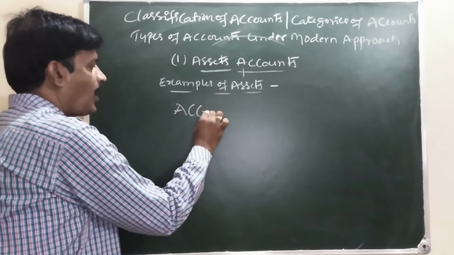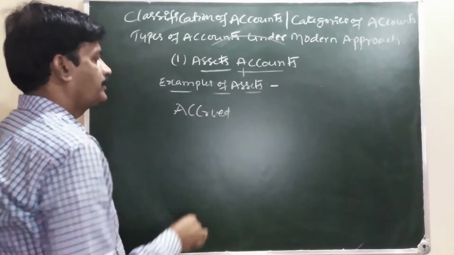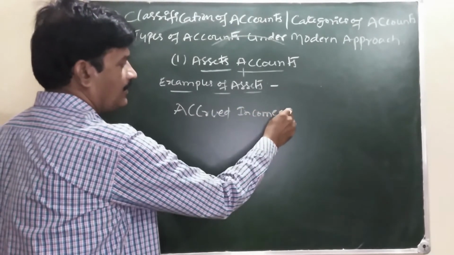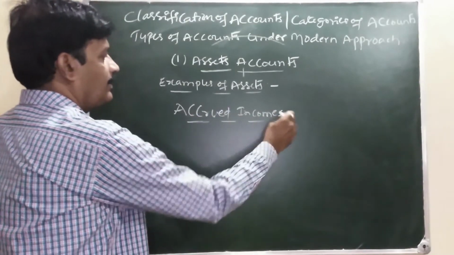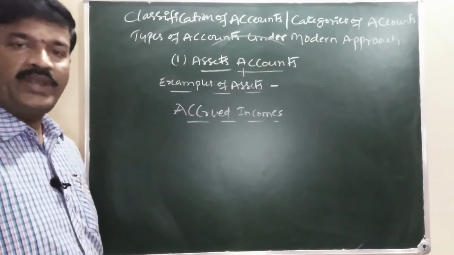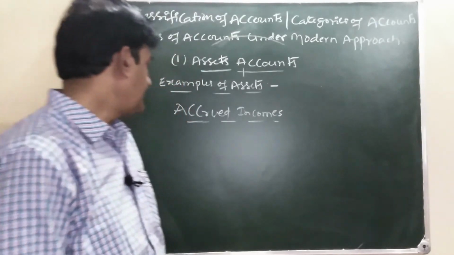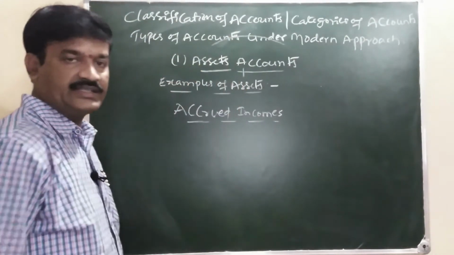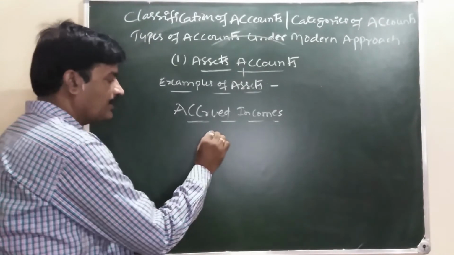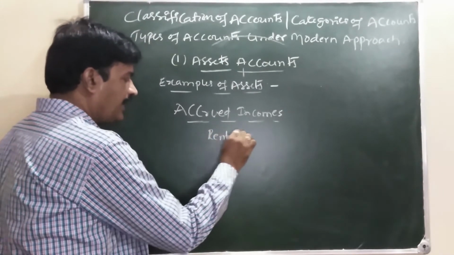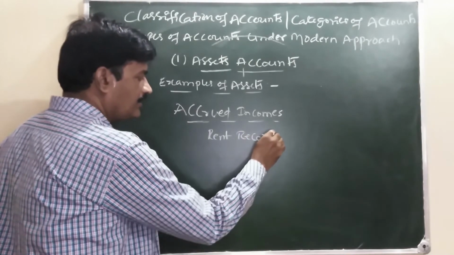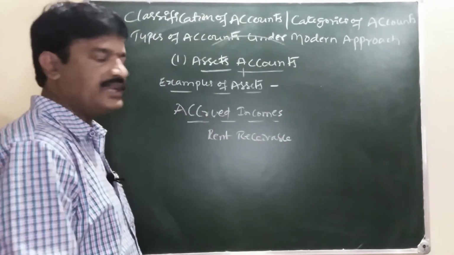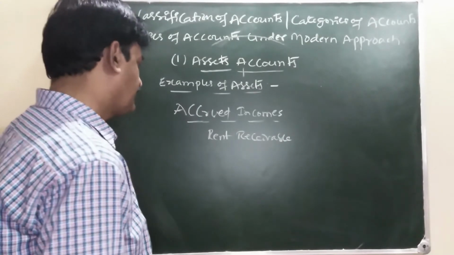Next item, accrued incomes. That is receivable income. Receivable incomes also come under assets. Example, rent receivable, income receivable for this current accounting period.